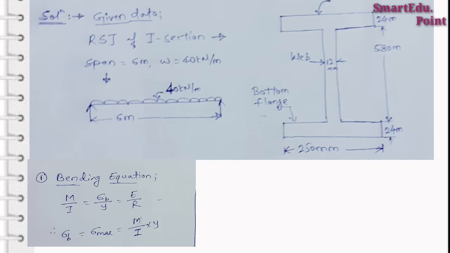For extreme fibers, y will be the depth of the neutral axis from the extreme fibers.